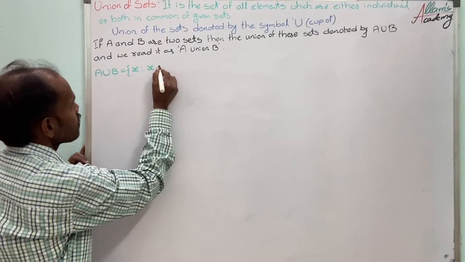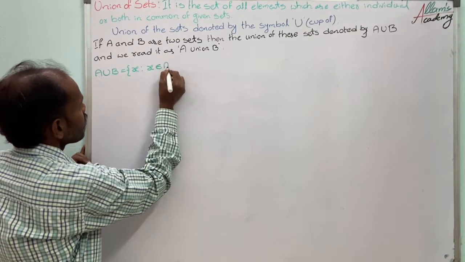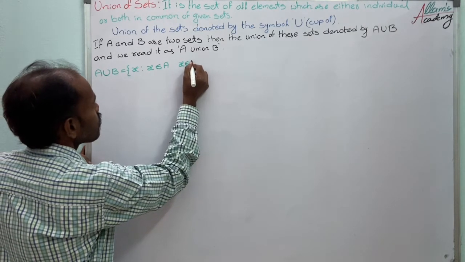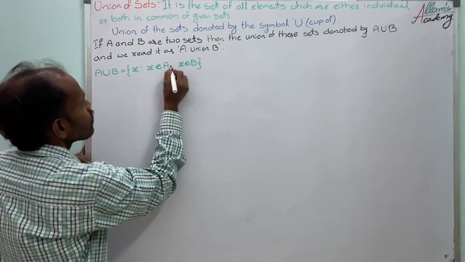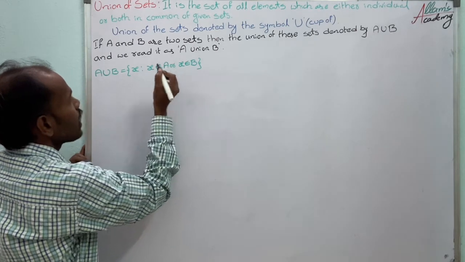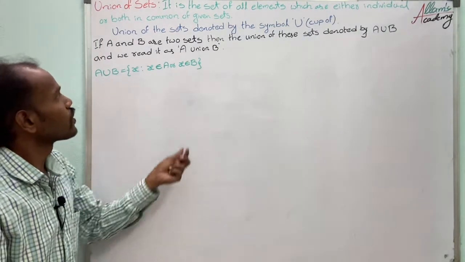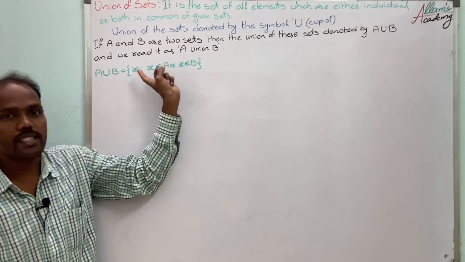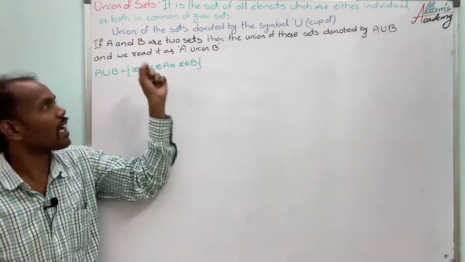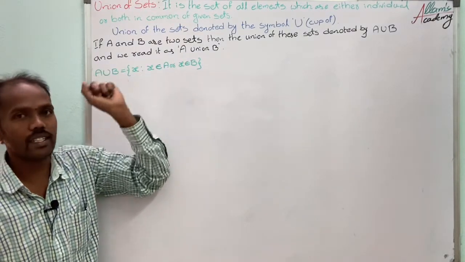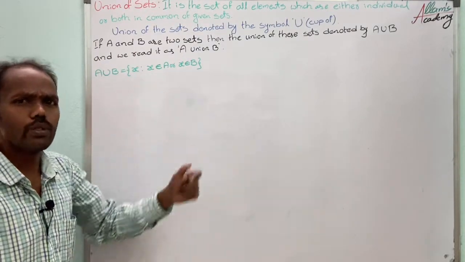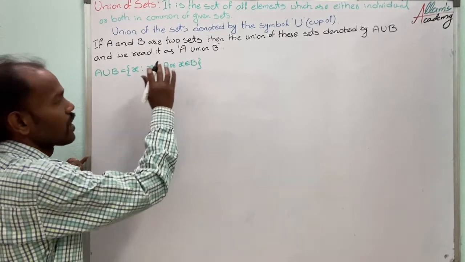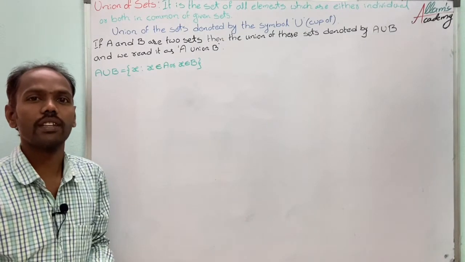So x belongs to A, or the element x belongs to the set B. Here we use the symbol OR, the conjunction OR. So the element x is present in the set A, or it is present in the set B, or both are present. Okay, it is the set builder form of A union B.